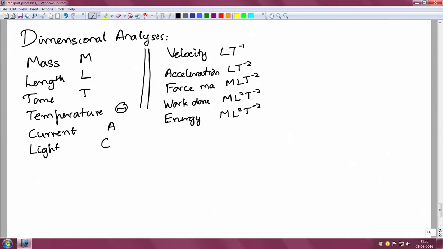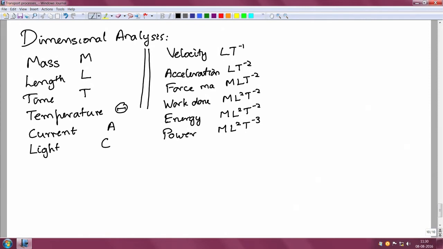Power is the energy input per unit time. So, it will have dimensions of energy divided by time. So, that is the dimensions of power.